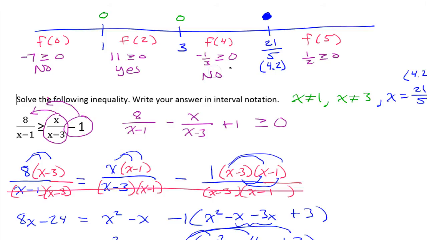No, that's a negative number. Is 1/2 greater than or equal to 0? Yeah, 1/2 is greater than 0. It's positive. So the yeses show us where the solutions are. Apparently there are solutions here between 1 and 3, and there are solutions here to the right of 4.2.